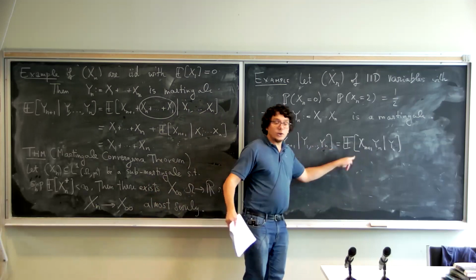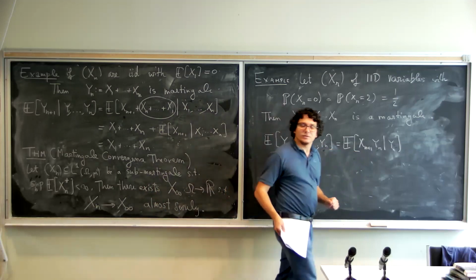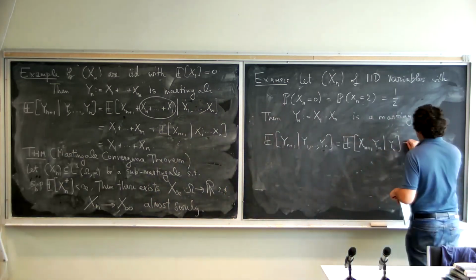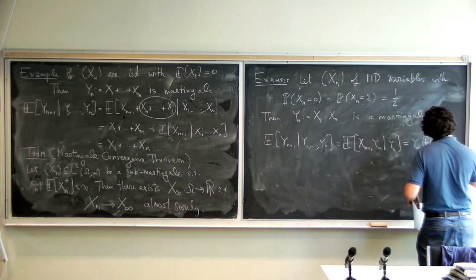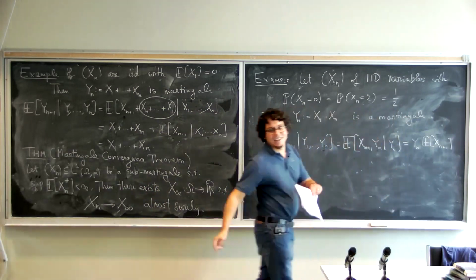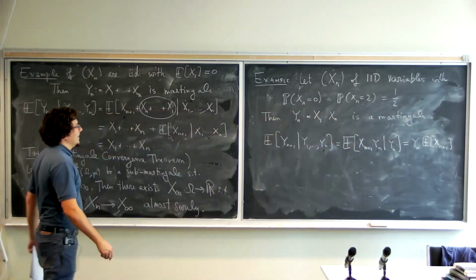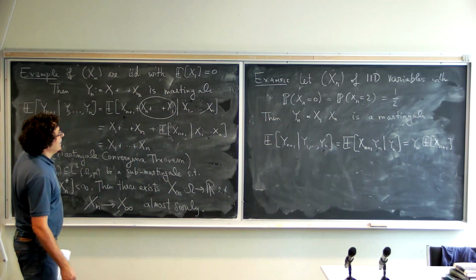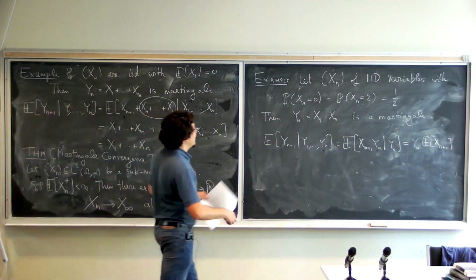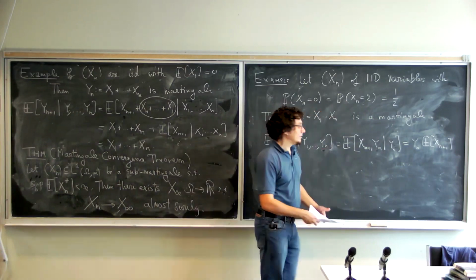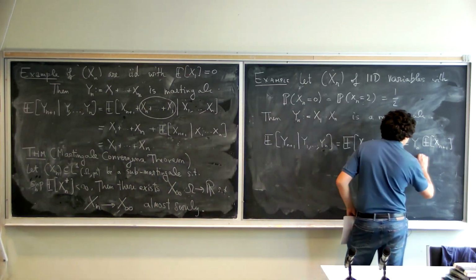So you can take out the yn. So this is yn times the expectation of xn plus 1. And the expectation of xn plus 1 is 1, because it's 0 or 2 with probability 1/2. So this is yn.